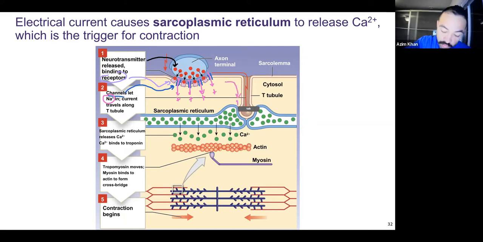That sodium, remember, can travel deeper into the cell thanks to those T tubules. That's the function of the T tubule, to help spread the electrical charge deeper into the cell. By having that border, by having that membrane, it can travel along it.